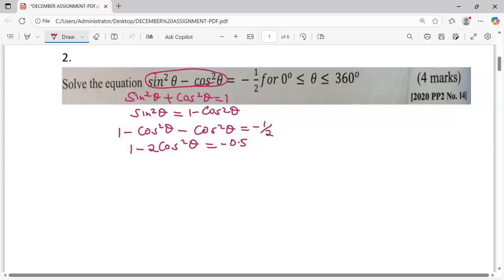If we move 1 to the other side, we are going to remain with negative twice cos squared theta being equal to negative 0.5 minus 1, meaning negative twice cos squared theta will be equivalent to negative 1.5.